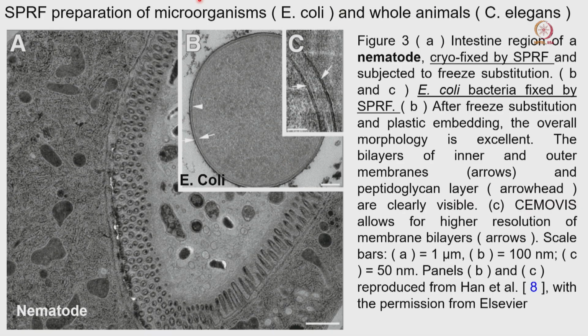After freezing, here you can see the intestine region of a nematode, cryo-fixed by SPRF, the self pressurized rapid freezing technique we were discussing, which was used to freeze the entire sample. Then we perform the sectioning and try to see inside that cell.